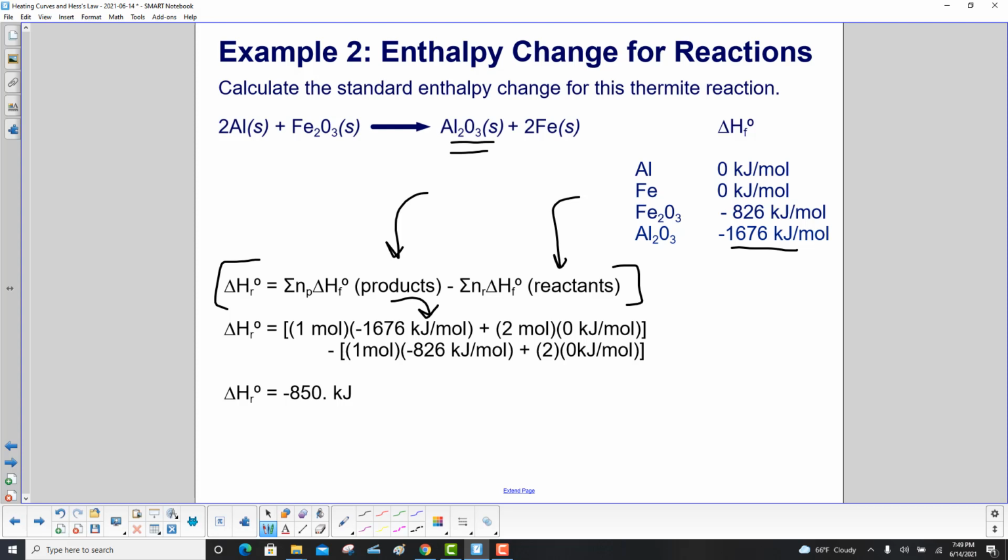Then we have 2 moles of iron, and that's over here, and we have 0 kilojoules per mole. That's Delta H F naught for the element. We subtract the reactants. So aluminum, again, it's a pure element there, 0 kilojoules per mole. And here's the iron oxide. Do the math, and we get Delta H reaction naught is negative 850 kilojoules.